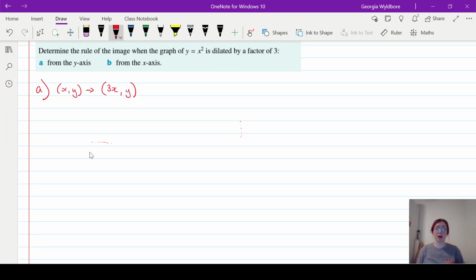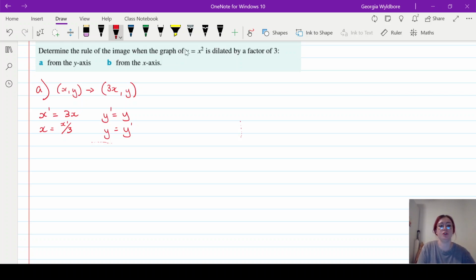Why? Because remember, we're applying that factor to the opposite coordinate. So we know then x dash equals 3x, y dash equals y. So x is going to equal x dash over 3, y still equals y dash.